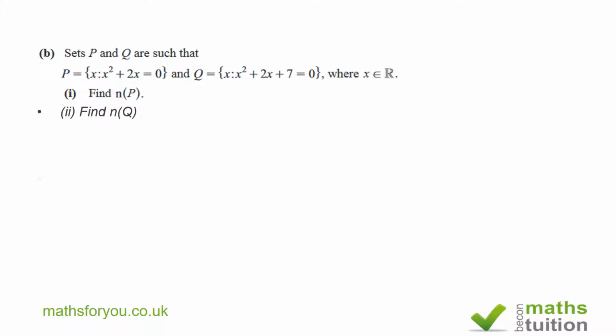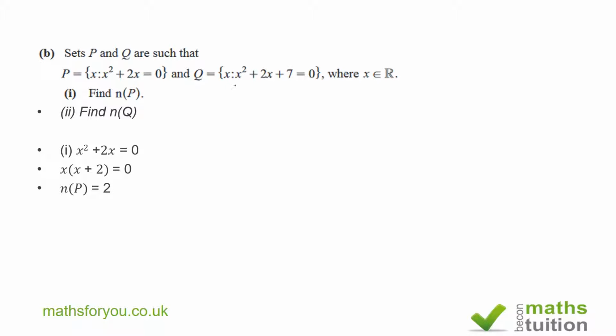For the first one, I can factorize x squared plus 2x to give x(x plus 2). That gives a solution of x equal to 0 or x equal to minus 2. There are two x values there, so n(P) would be 2.